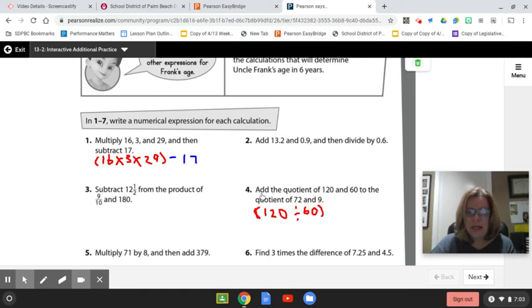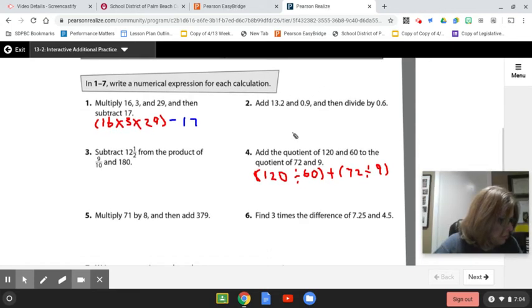And then it says add, so I'm going to add the quotient of 72 and 9. Put that in parentheses: 72 divided by 9. That's it. Again, you're done. You don't have to figure out the answer. All right? Let's do one more.